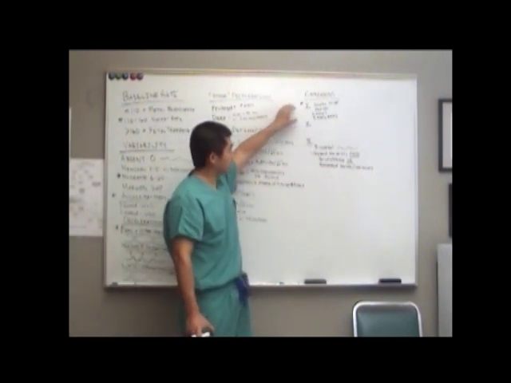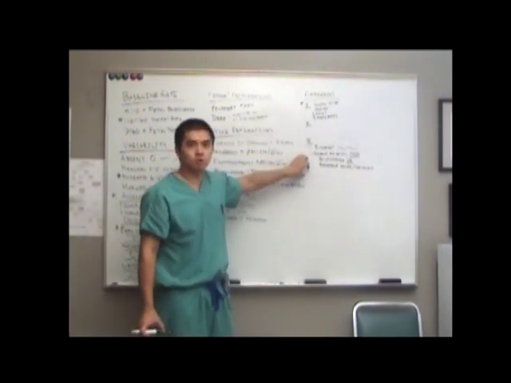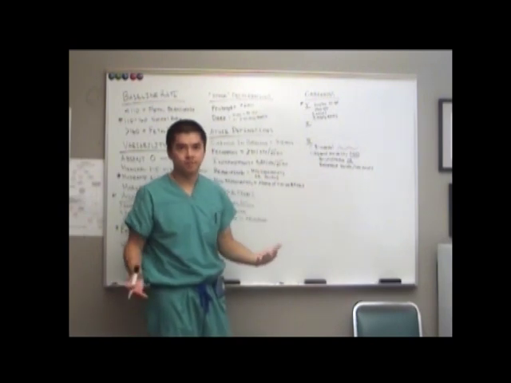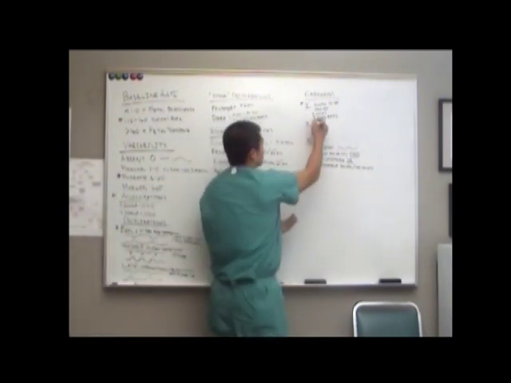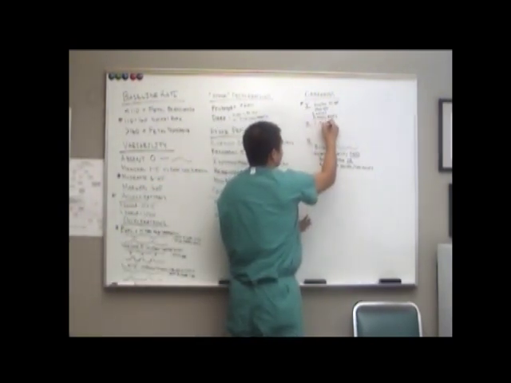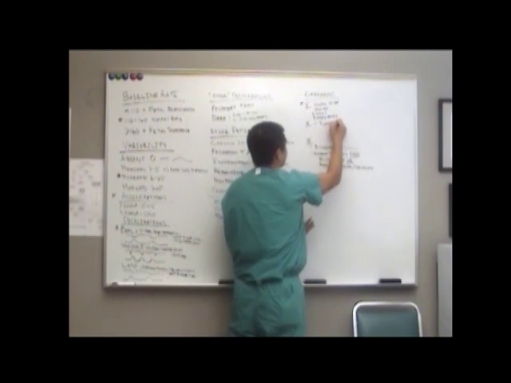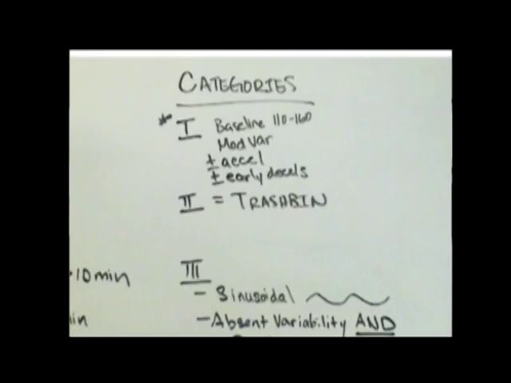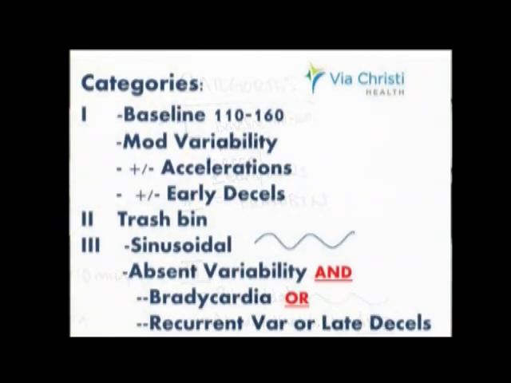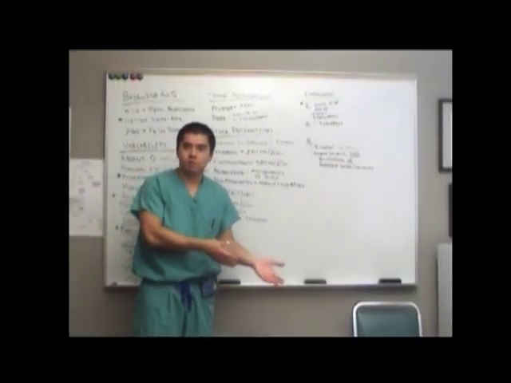So if it doesn't meet category 1 and doesn't meet category 3, then what is it? It's category 2, which I call the trash bin category. So again, we know 1 is good, we know 3 is bad, and then 2, we don't really have any great evidence for. So some people will subcategorize a bad category 2 versus an okay category 2.